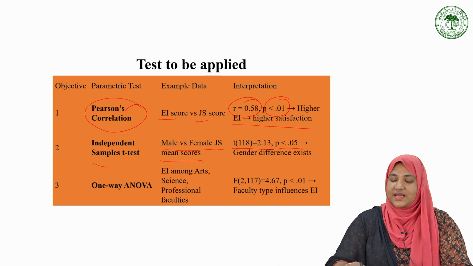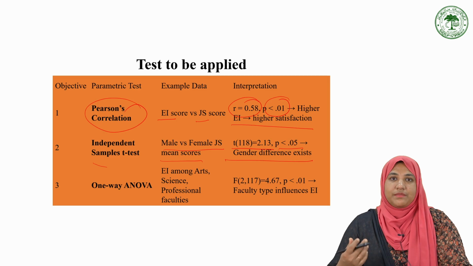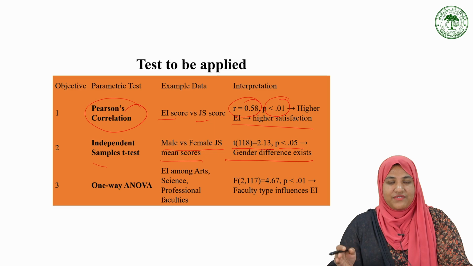So we assume that gender difference exists. There occur gender differences between the male and the female according to the mean. If the mean of the male is very high compared to that of the female, we can say that the job satisfaction level of the males is high compared to that of the females.